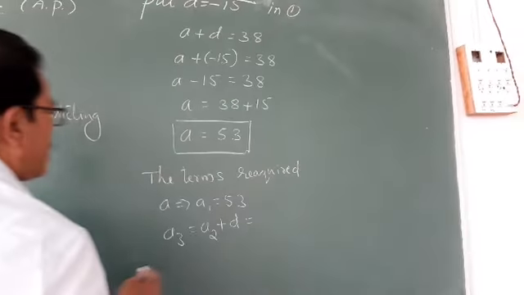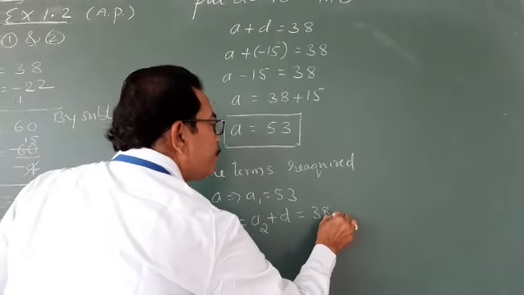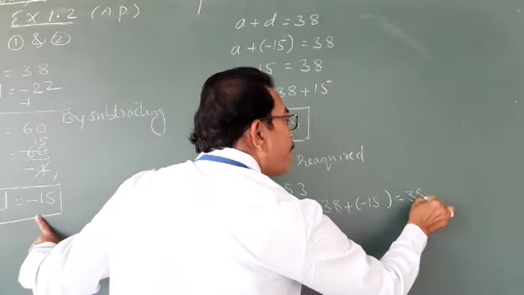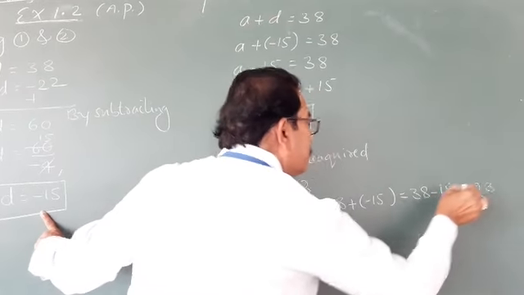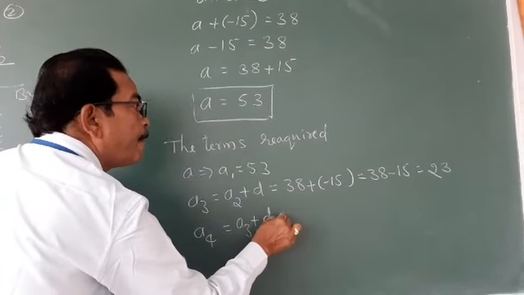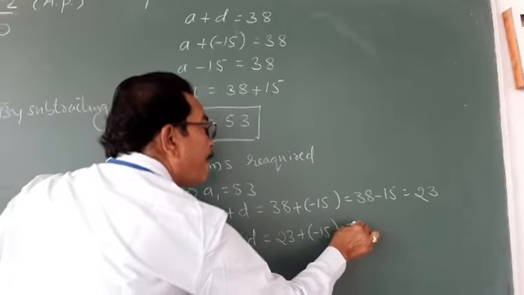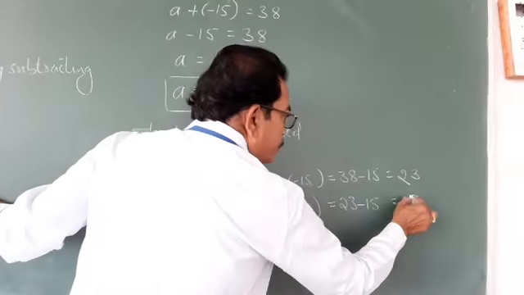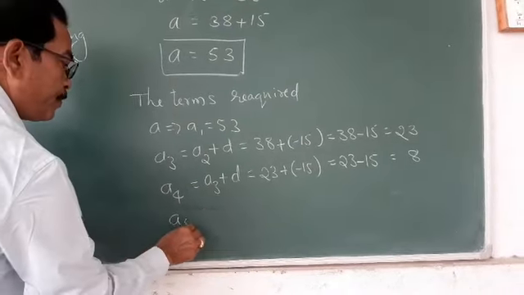A2 is given, that is 38. d is minus 15. A4, A5.